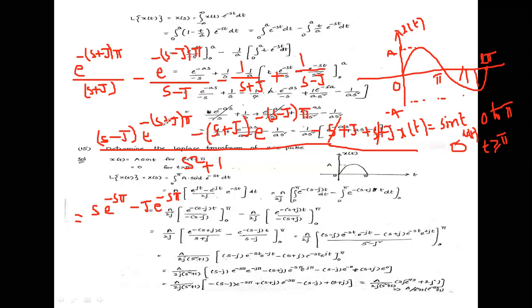After expanding these two terms and multiplying with the s, my dear students, j into e power minus s, and again you can take it as plus s into e power minus j into pi, minus j into e power minus j into pi.